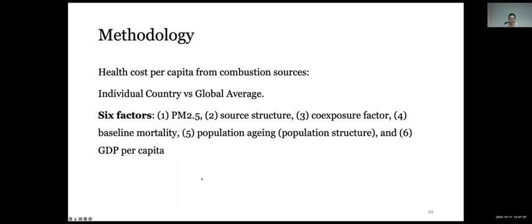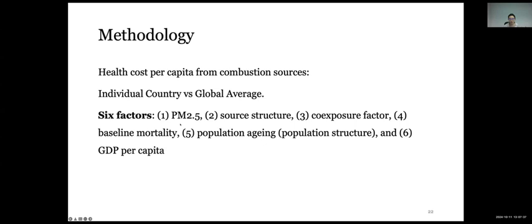The method compares the health cost per capita from combustion sources in each individual country versus the global average health cost per capita from combustion sources. Then we wanted to understand how each driving factor drives the higher or lower health cost per capita compared with the global average.